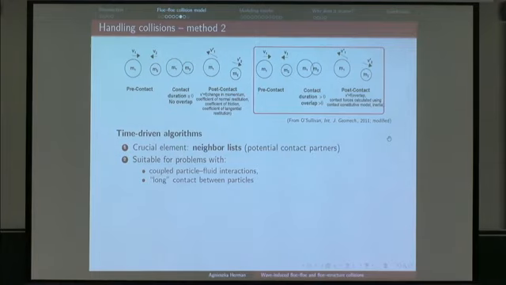This is how most DEMs do this, and in this case we have to use a certain contact model, and we have to specify expressions describing the normal and tangential component of the force.